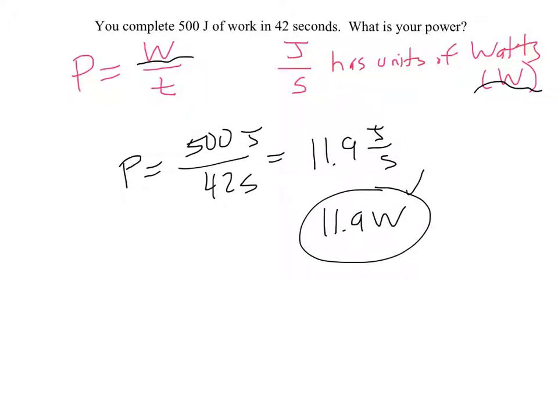And because this W is with the number, we get the context that this is talking about watts and not the symbol for work. So just keep an eye out for that. So that's the power. The key to this is if you want watts, you must be in units of joules and seconds. So you just got to be aware of that.